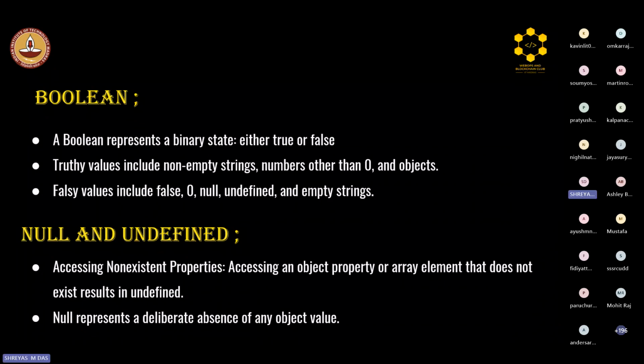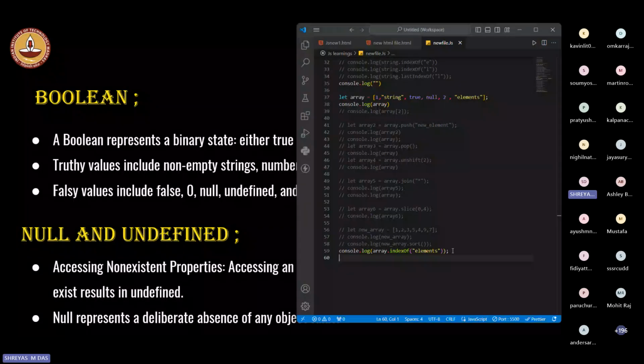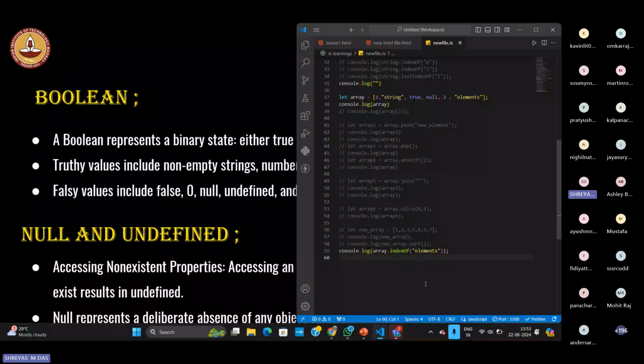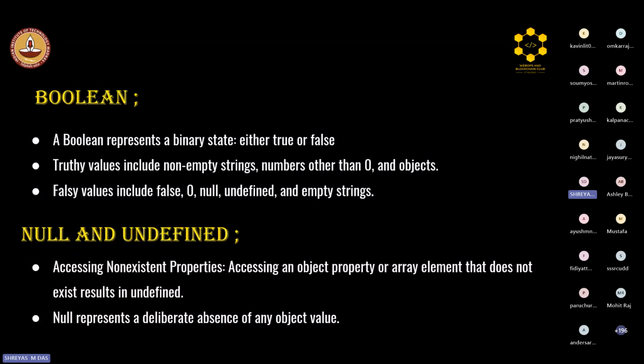The boolean will help. When you write something, it is a non-empty string, and it turns out to be true. Then you can generate a new element, or just print the output.